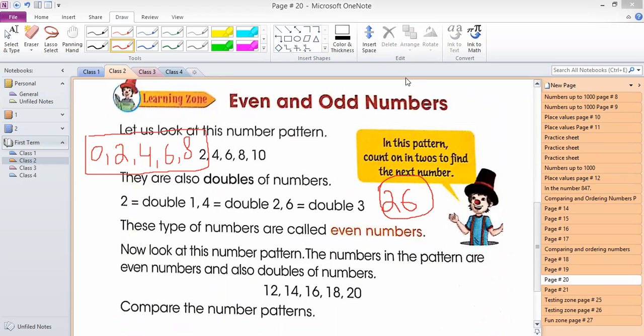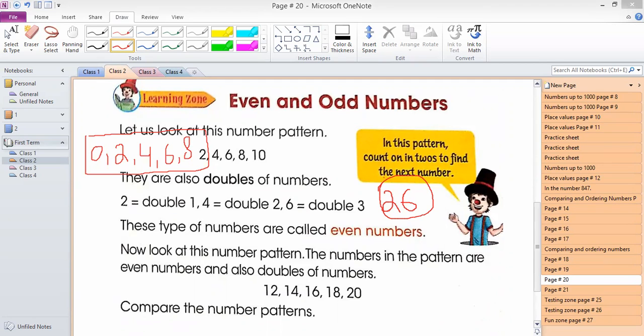Okay, let's take one student. Abdul Rauf. Yes, sir. Is 26 an even number or an odd number? Even number. How do you know?